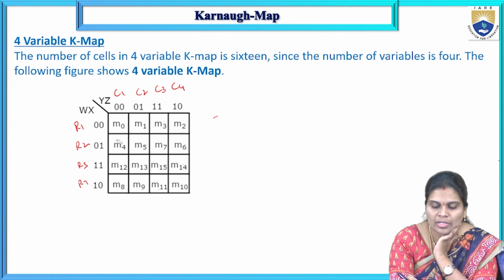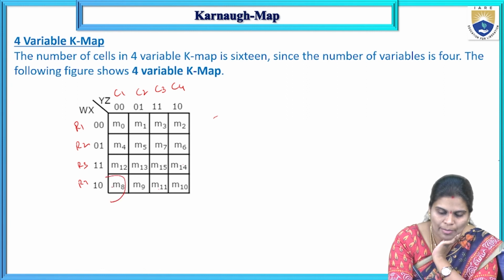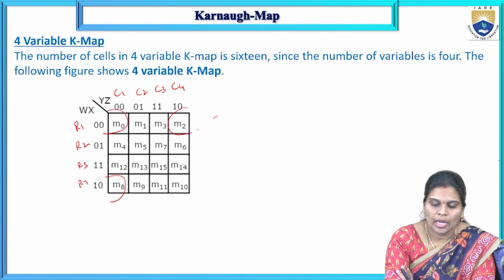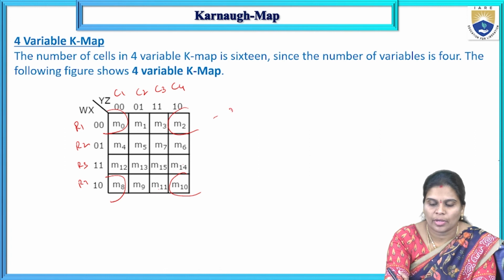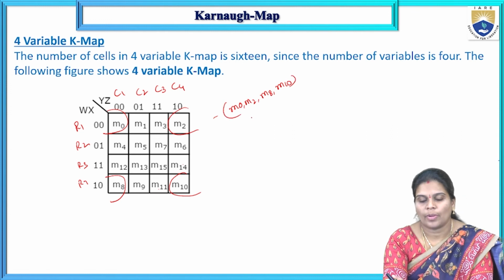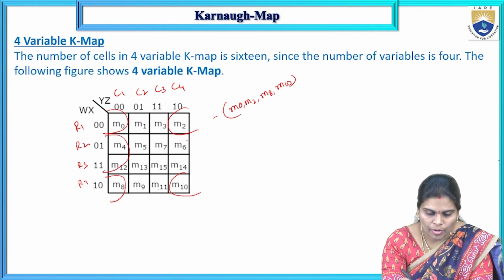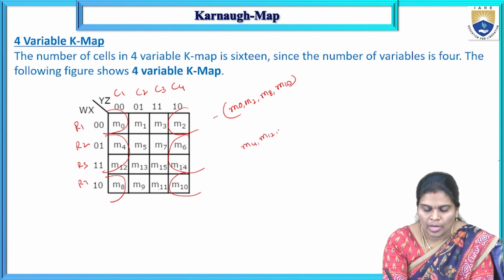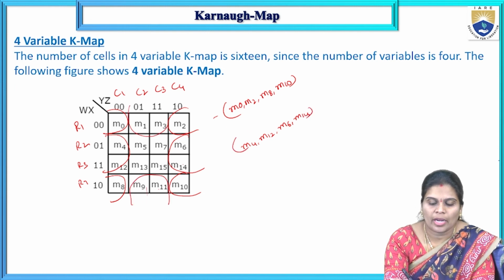Otherwise the remaining terms are M0, M2, M8, M10. This is one group. Either M4, M12, M6, M14, or M9, M11 and M1, M3.